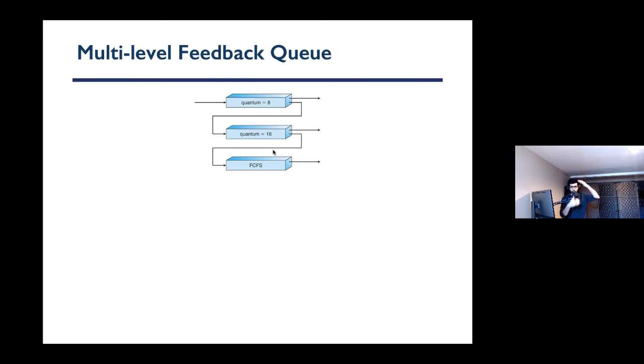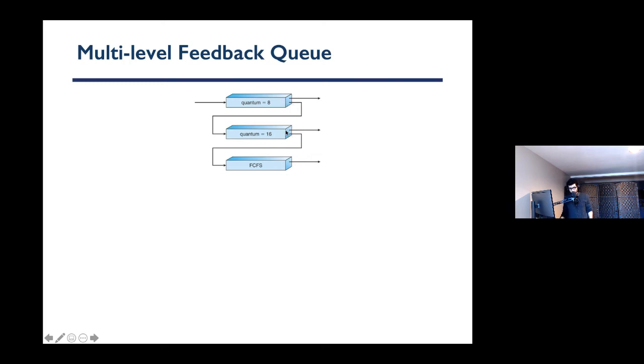We want to create this spectrum of tasks, and we want to get the benefit of both worlds. We don't want to predict the CPU burst, so we're not doing any prediction, but we still want to have interactive tasks scheduled first and fast, which this does for us.